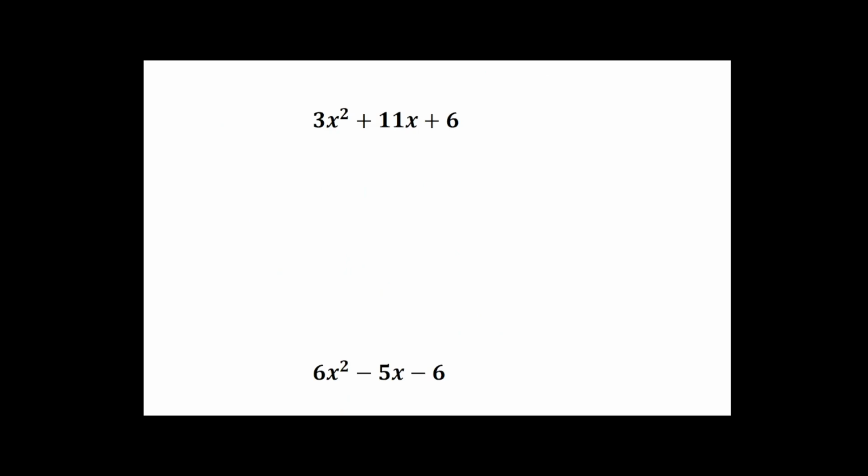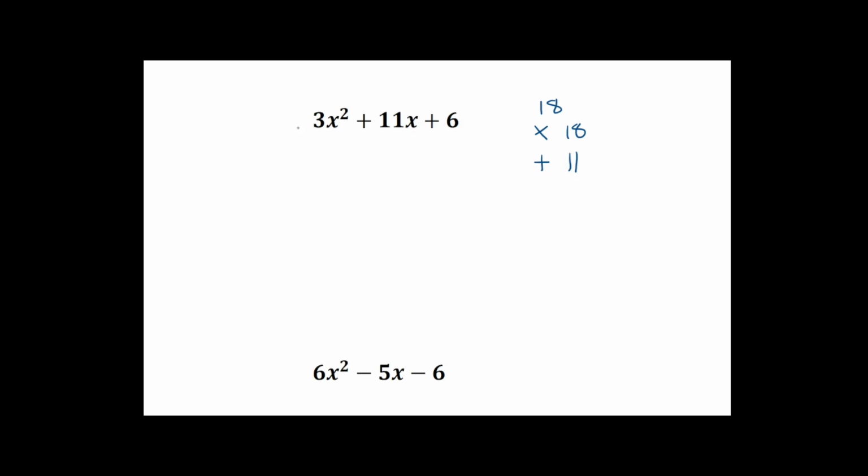3 and 6. Oh no, there's 11 in there. Well, don't panic. 3 times 6 is 18. So we want two numbers that multiply to give us 18 and add to give us 11.